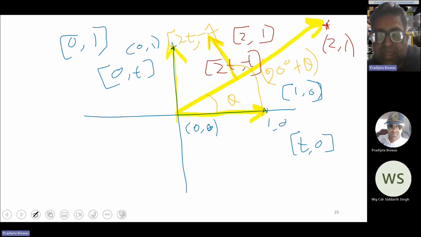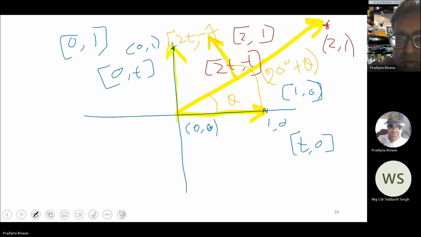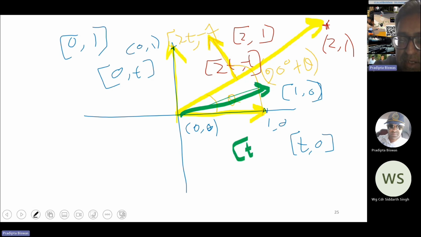So see, if I just take another vector, say t and 2t, that this is the 1, 2 point, just imagine.